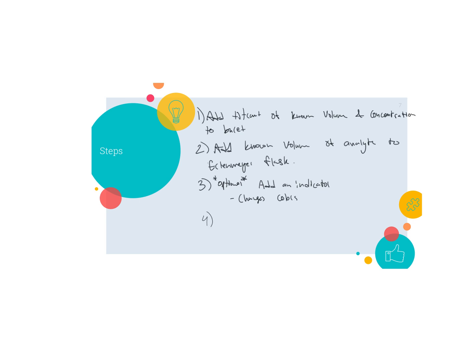Step 4 is to slowly add titrant to analyte until the reaction occurs or stops.